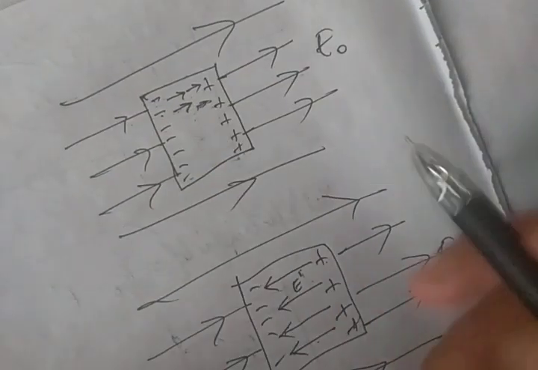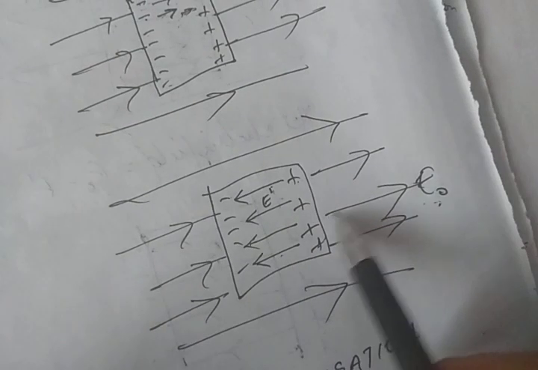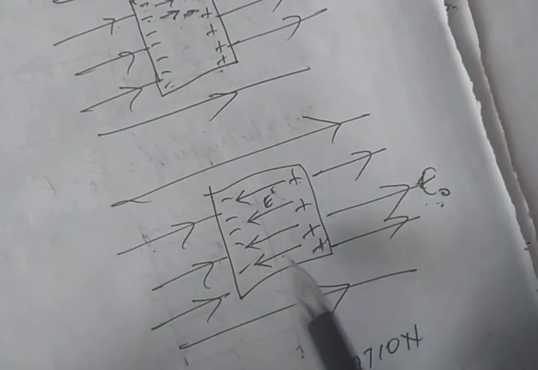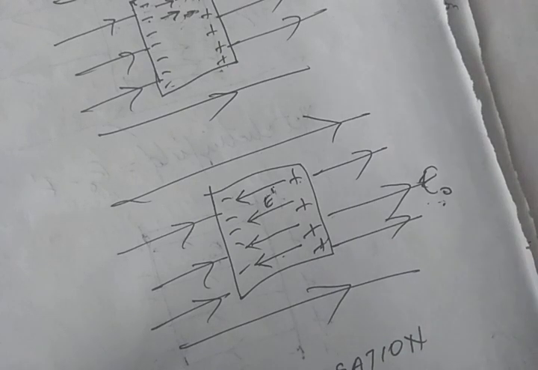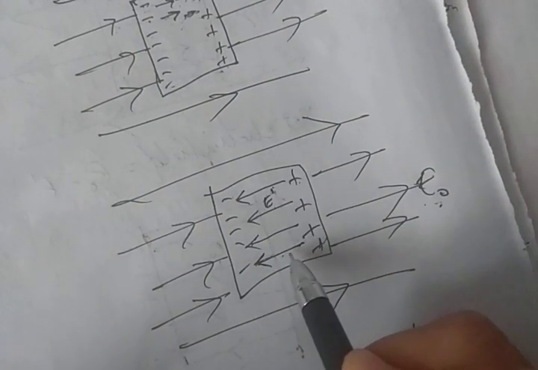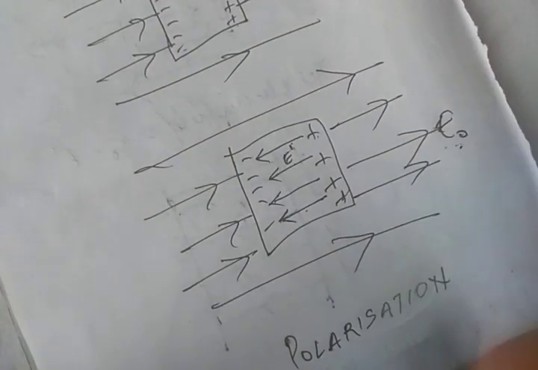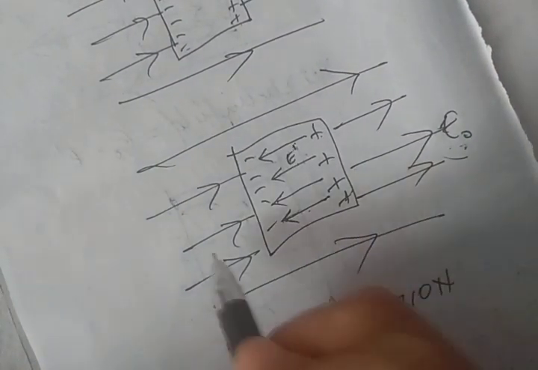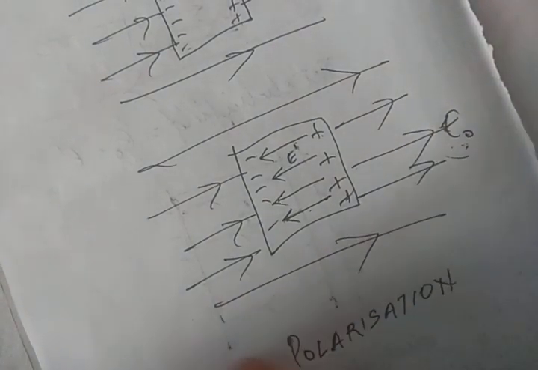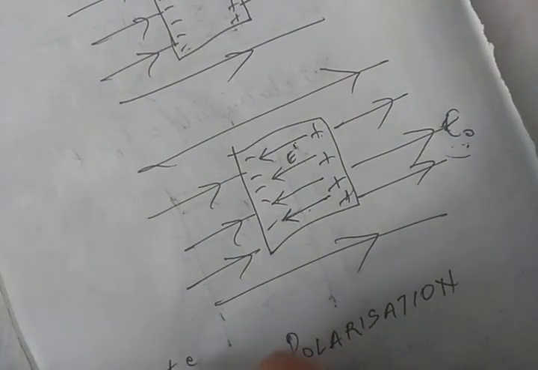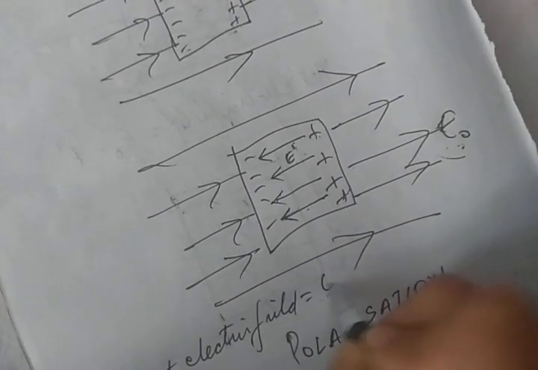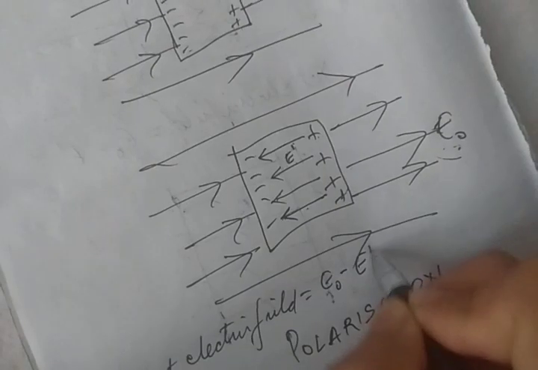We have an external electric field E naught and an internal electric field E dash that is generated inside the dielectric substance. Due to this internal electric field, the net electric field decreases. The net electric field will be E naught minus E dash.